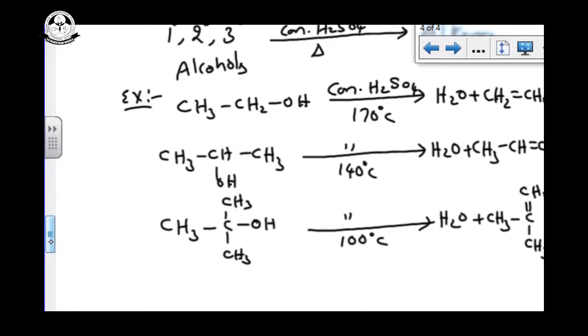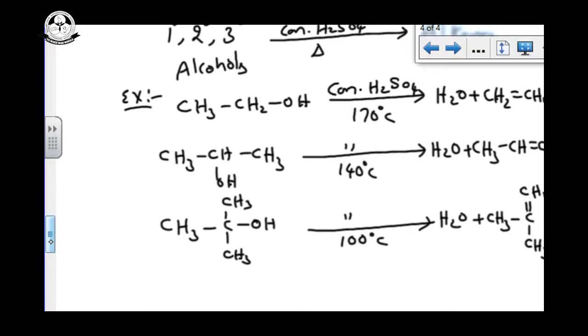Primary, secondary and tertiary alcohols can all give alkenes, but see the difference between the three equations: the temperature changes. Primary alcohols require a large amount of heat, secondary alcohols 140, tertiary alcohols 100 degrees Celsius. From these three equations, what do we conclude?